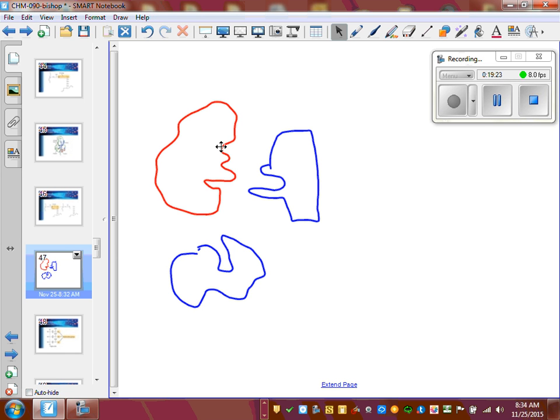So they give you what's called an MAOI, a monoamine oxidase inhibitor. What is that? Well, they designed a drug that had a similar shape over here.